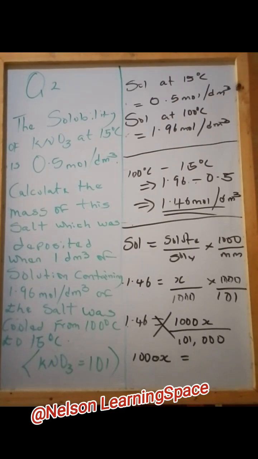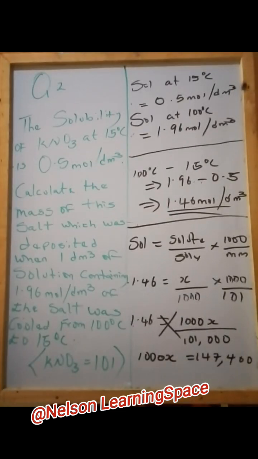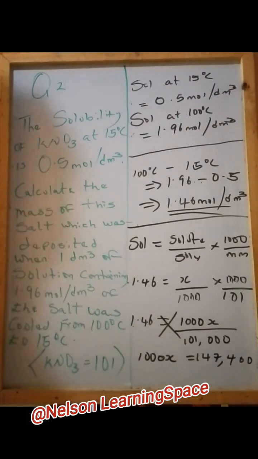That will give us 147,460. If you make x the subject of the formula, I think I'm going to rub off the board. I don't want to rub off the question, because of the second pattern you can use, the faster method.